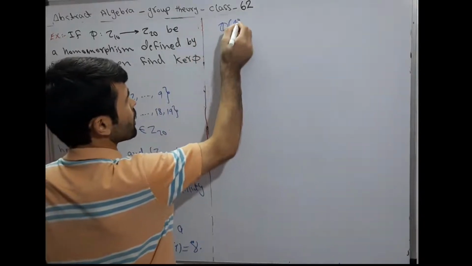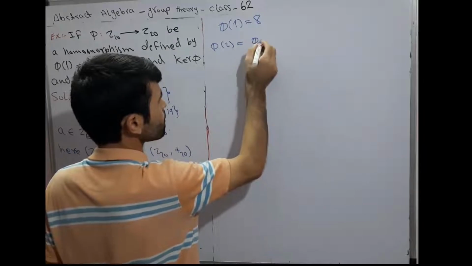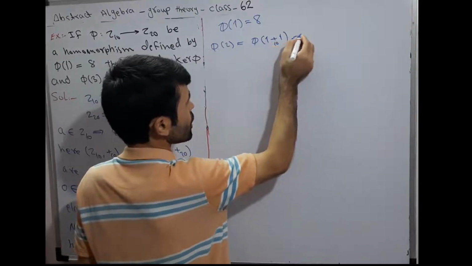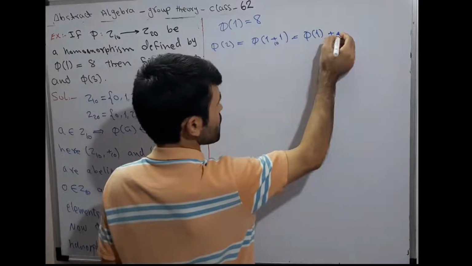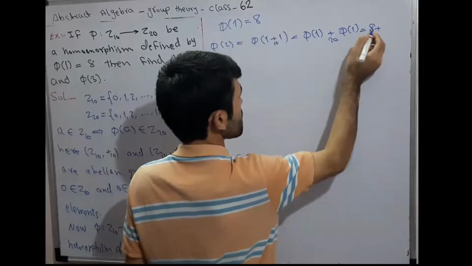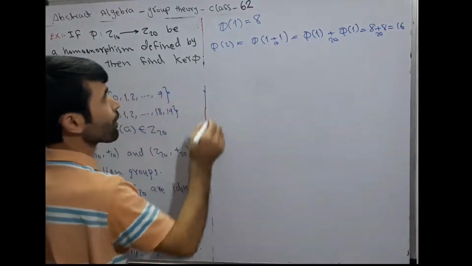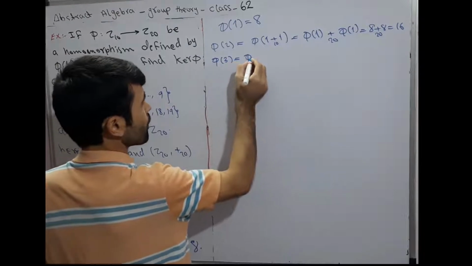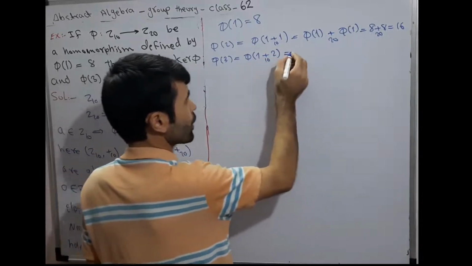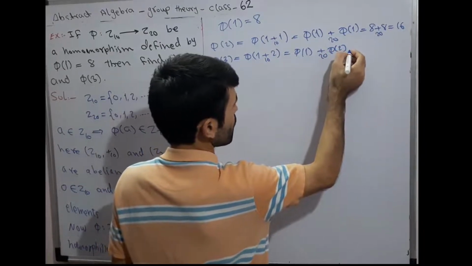We know that phi of 1 is equal to 8. Phi of 2 is equal to phi of 1 plus 1, addition modulo 10, is equal to phi of 1 plus phi of 1, addition modulo 20, is equal to 8 plus 8, addition modulo 20, is equal to 16. Phi of 3 is equal to phi of 1 plus 2 is equal to phi of 1 plus phi of 2, addition modulo 20.